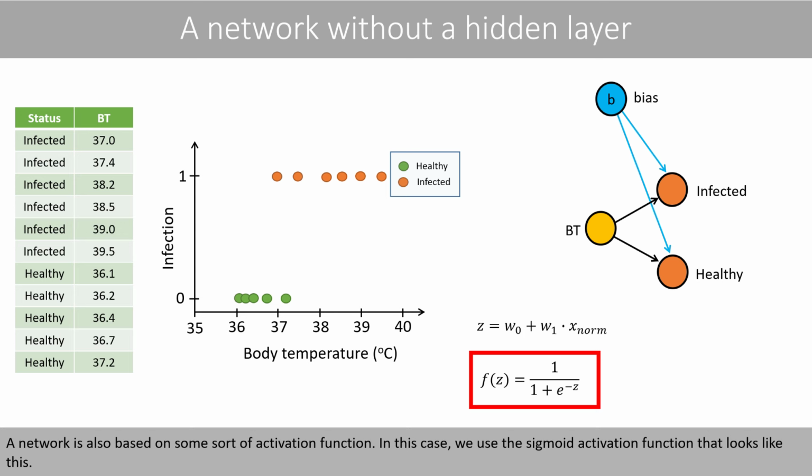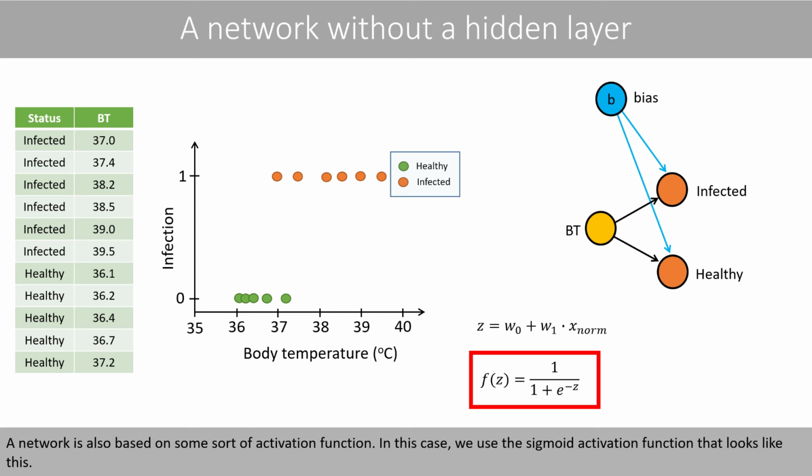To predict if a person with, for example, a body temperature of 38 is infected, we can draw a vertical line from 38, and then a horizontal line from the curve to the y-axis. We see that the corresponding value of the y-axis is about 1. We will get a more accurate value if we plug in the normalized value here and do the math.